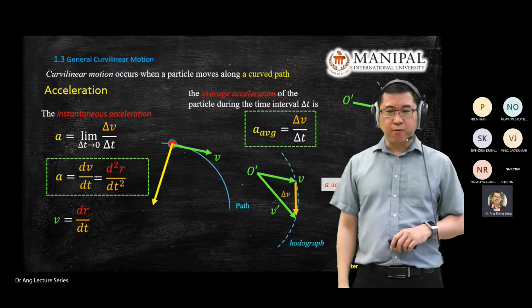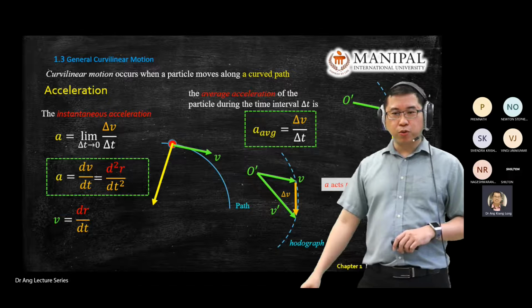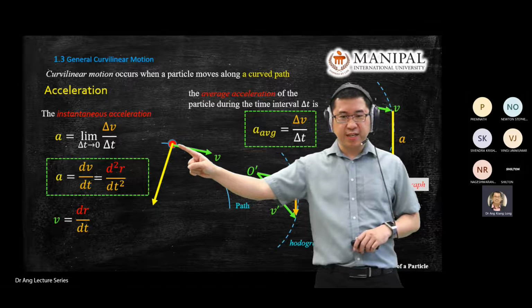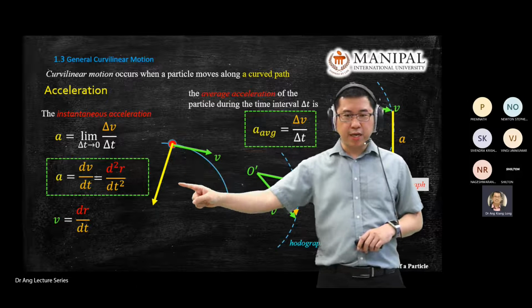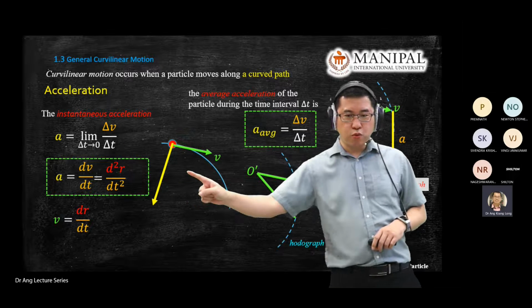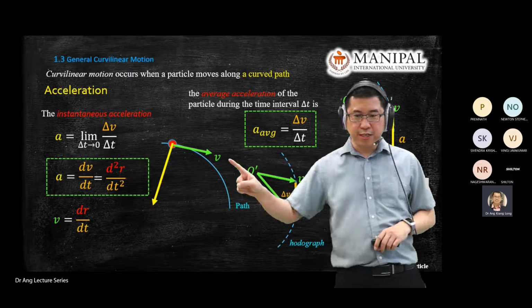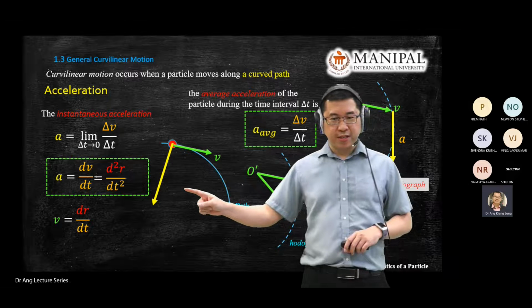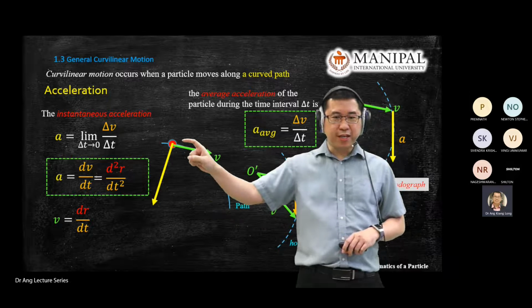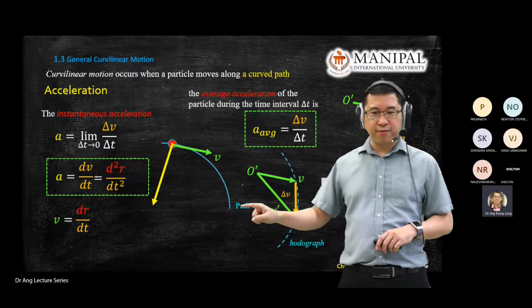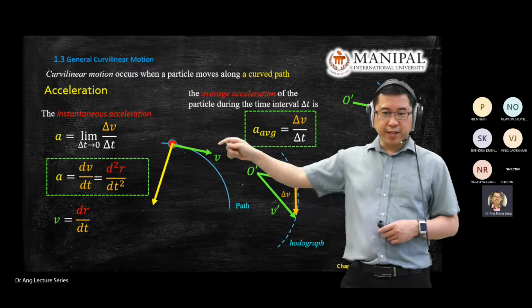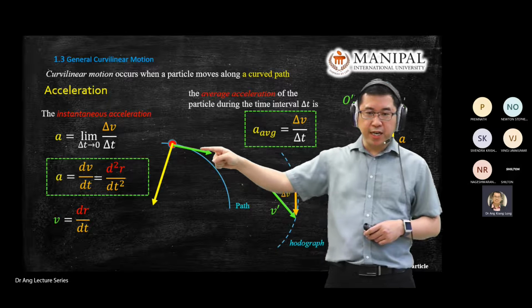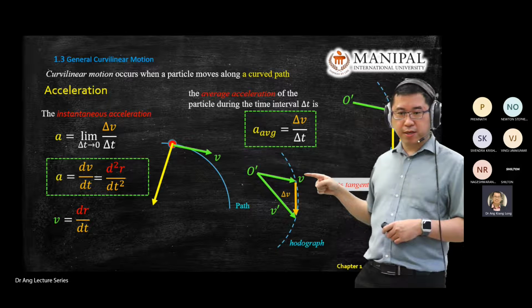You ask yourself, what actually contributes to this kind of behavior? There must be something pulling the particle inside towards the center of this curve, right? If there's no pulling force, how can these particles stay on this path? They cannot. If there's no pulling force, then this particle will move in linear motion.